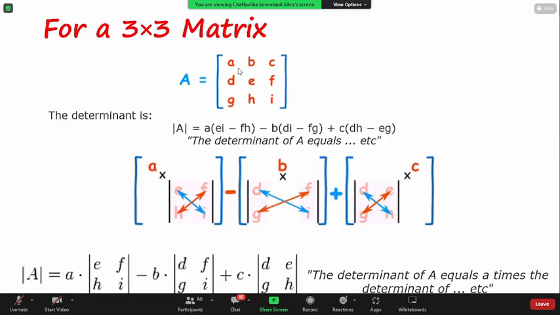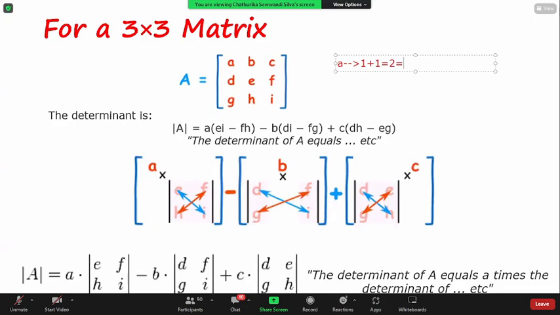So when I get the first element A, the row number is 1 and the column number is 1, which altogether is 2.